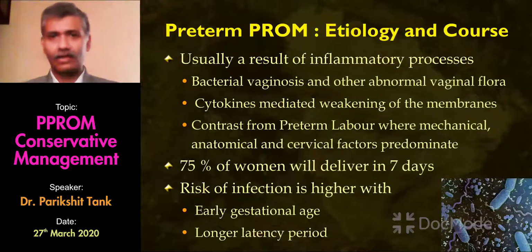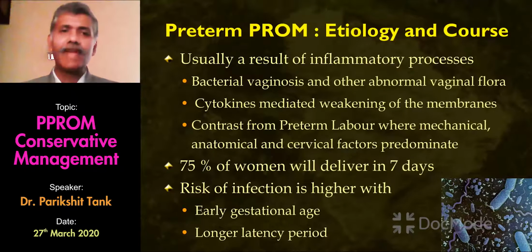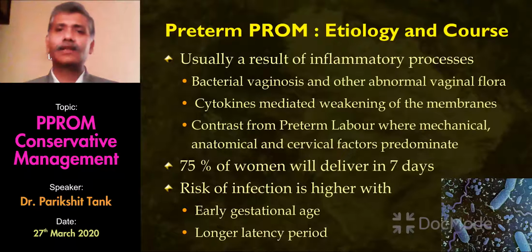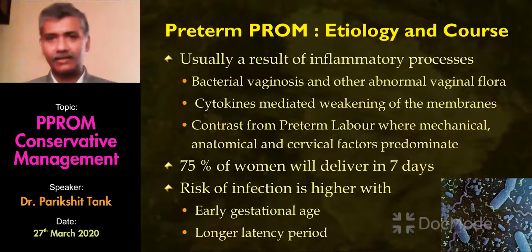If we look at the etiology and course of preterm pre-labor rupture of membranes, we have to appreciate that it's usually the onset of an inflammatory process or processes which lead to this event.